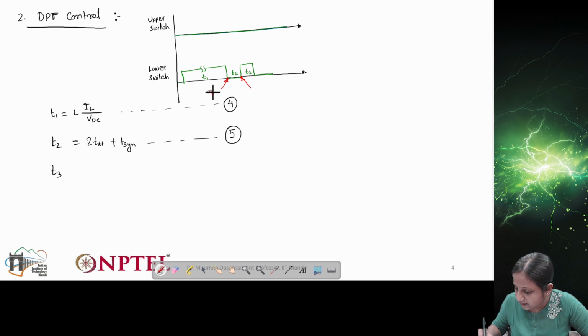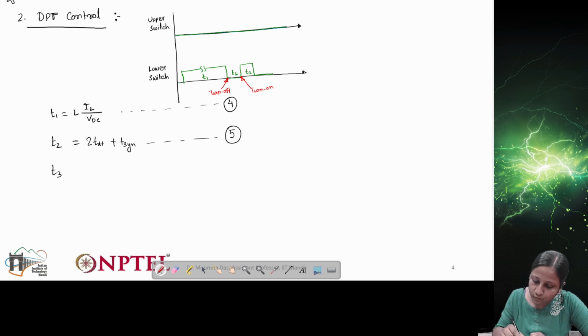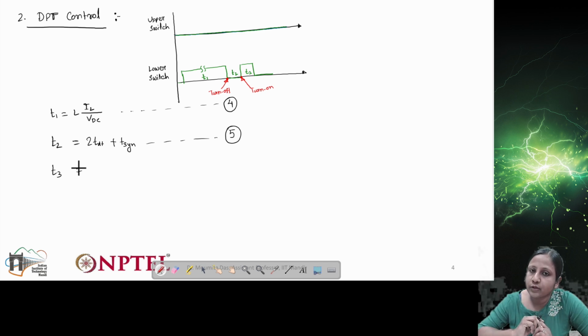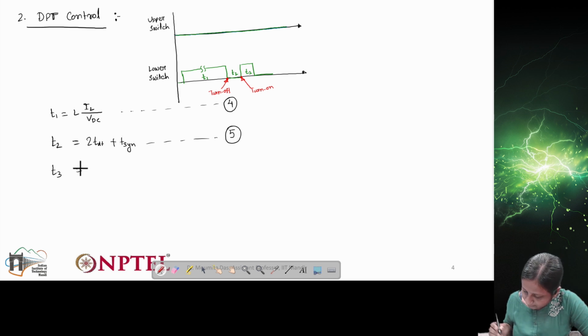So this gives us the turn off and this gives us the turn on conditions of the device characteristics. That is why we have to use T3 such that the device will be completely on. So basically T3 should be more than or equal to T on max.